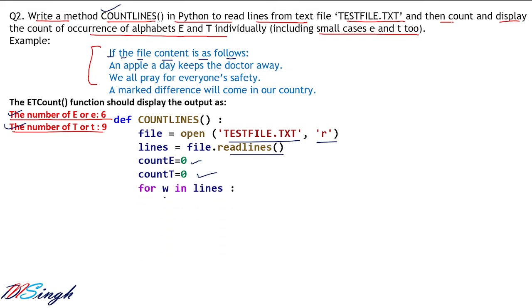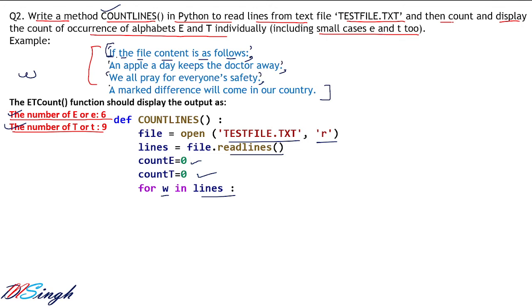Next we will iterate over lines. Here for W in lines, each line will be available in W one by one. Lines will contain a list of all these lines, each line is an element of this list, and these lines are in the form of strings. So this is one line, this is the second line, this is the third line.